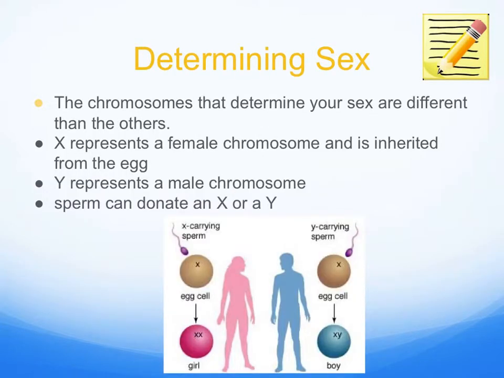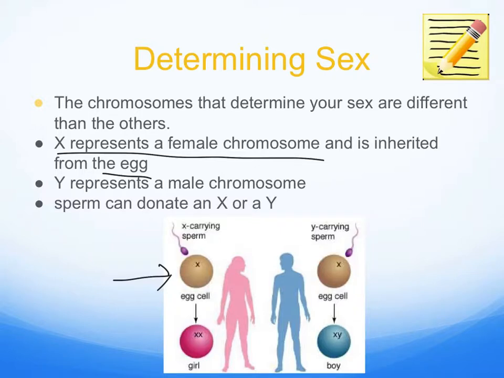Determining the sex is the last one that we're going to put in our notes. This is technically a Mendelian trait, although it's not a gene, it's actually an entire chromosome that decides whether you are male or female. So every single person will receive one X chromosome from their mother. Okay, in the diagram here, the X represents the female chromosome, and it is inherited by the egg.